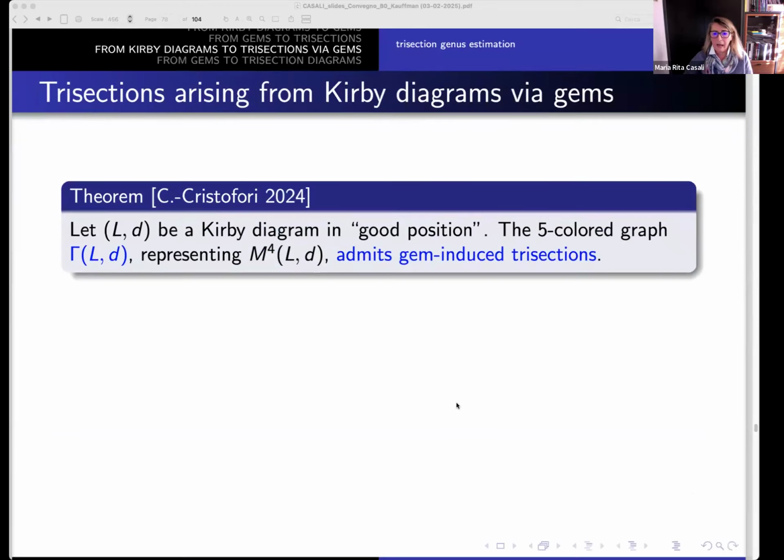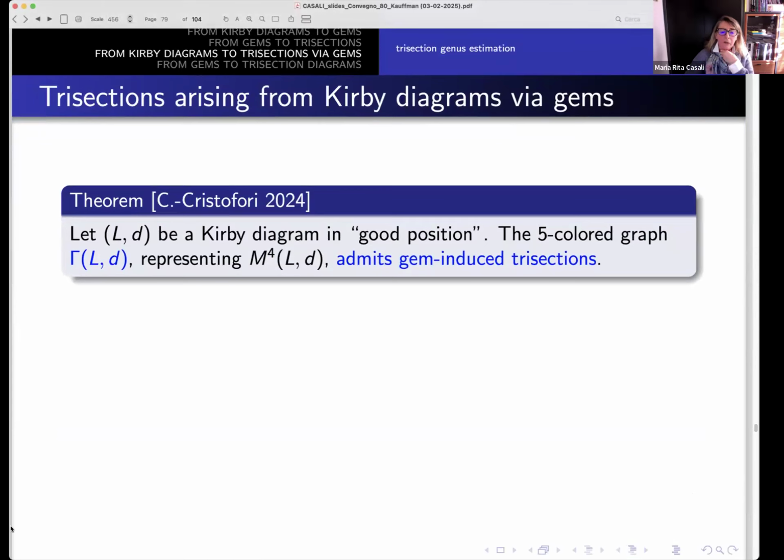Well, rather surprisingly, for each Kirby diagram in good position, the 5-color graph obtained through our algorithmic procedure always admits a gem-induced trisection. By construction, its combinatorial properties ensure the possibility of ordering its 4-colored edges so as to satisfy the above-described collapsing condition.